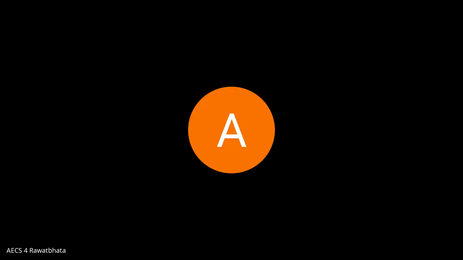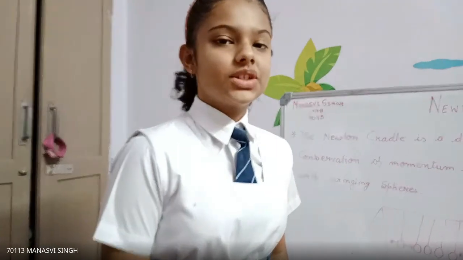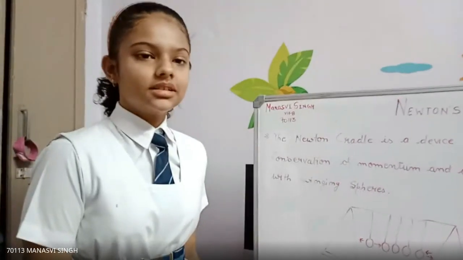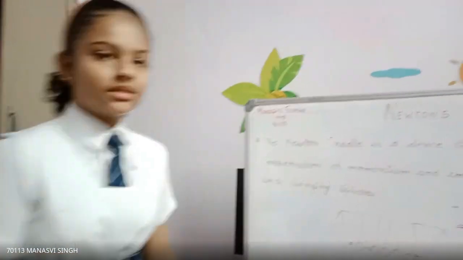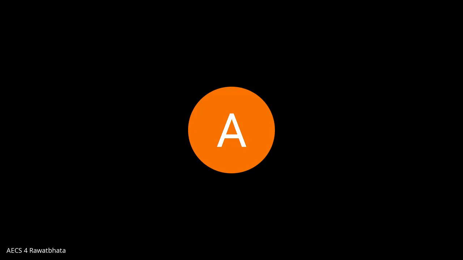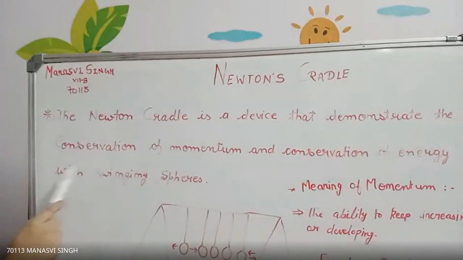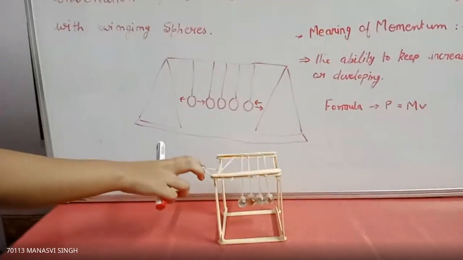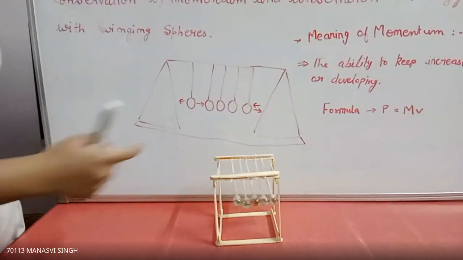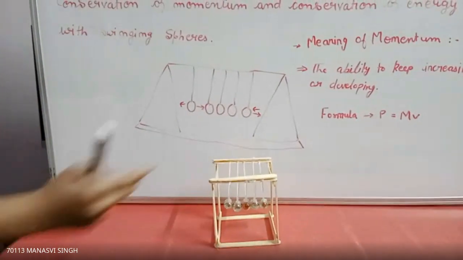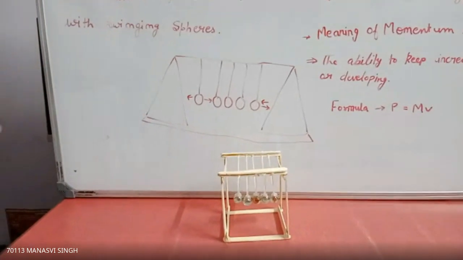Yes, ma'am. My name is Manasvi Singh from class 7, roll number 70113. Ma'am, can I start? Ma'am, Newton's cradle is used to demonstrate the conservation of momentum and conservation of energy with swinging spheres. When the first sphere is lifted up and released, it transmits the force to the last, and the last sphere goes upward.